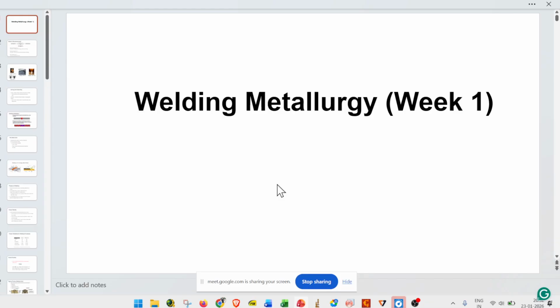I think you have all gone through the NPTEL course of the first week, welding metallurgy. Today we will try to discuss, in summary, the course content of welding metallurgy for the first week. That is the introduction to what welding is, the different types of welding, how the metal properties are affected by the welding process, and the different kinds of phase diagrams for ferrous and non-ferrous materials.